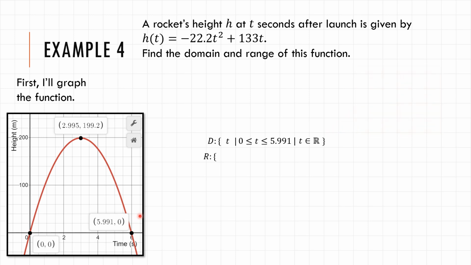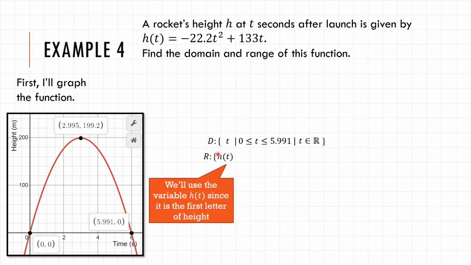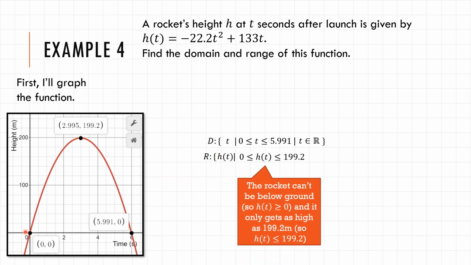For the range, notice that this is a parabola. Its highest value is over here. So I'm going to say that the range is anything that can be represented by h at t in such a way that h at t needs to be between 0, so it will never go below 0, and the highest it can get to is 199.2.